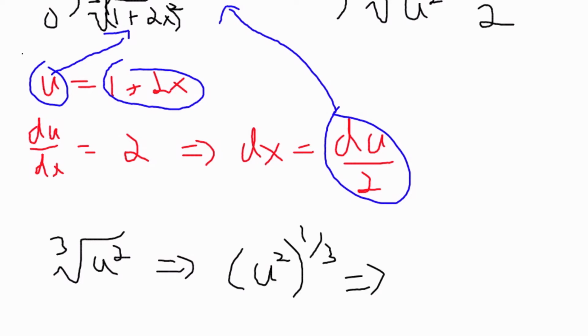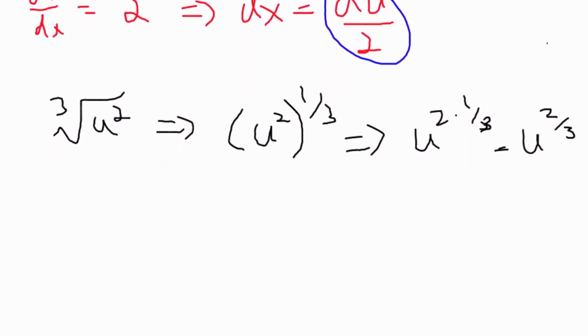And from algebra, when you raise a power to a power, like u squared raised to the 1/3 power, we multiply the two powers. So 2 times 1/3 is u to the 2/3 power. Now that we have u in terms of just a power and got rid of the cube root function, we can evaluate the integral.